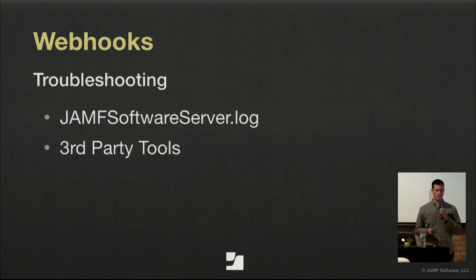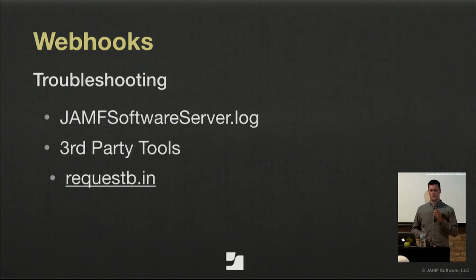There are a few third-party tools I wanted to point out as well that I use in my day-to-day working with webhooks. One of them is RequestBin. RequestBin is one that I've just recently run into. It's a free online tool made by a company called Runscope. They do a lot of API analytics and monitoring software, but this is a free online tool that allows you to go to their website and configure an open webhook receiver on the internet.